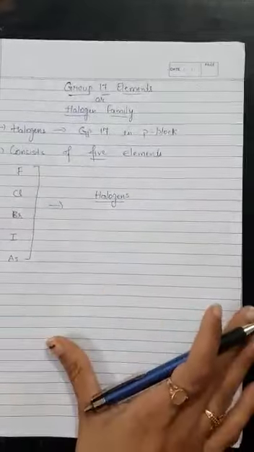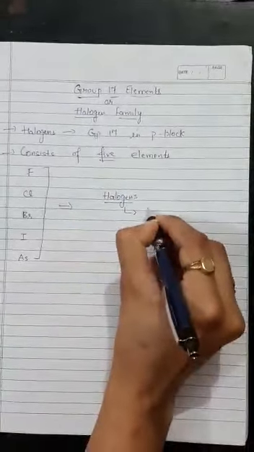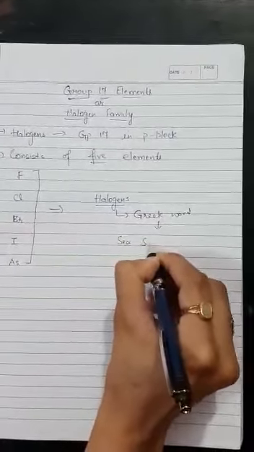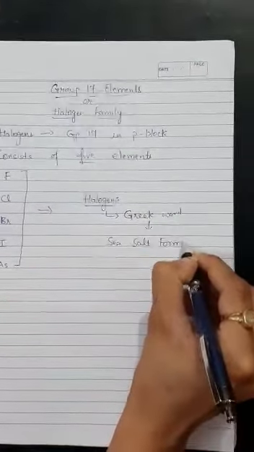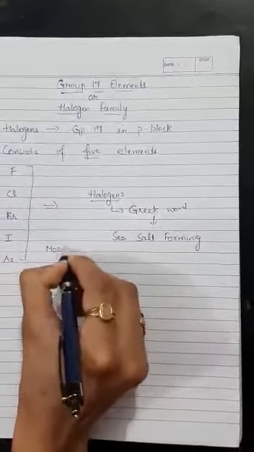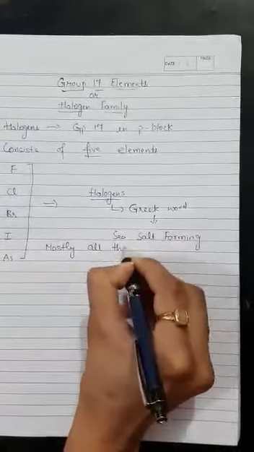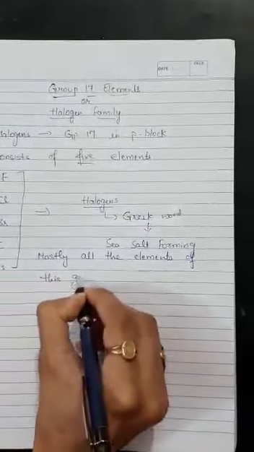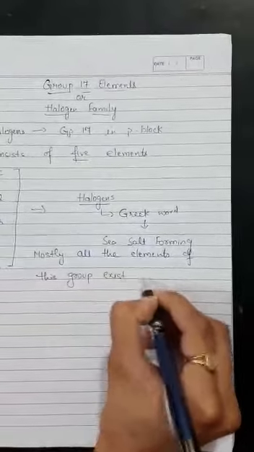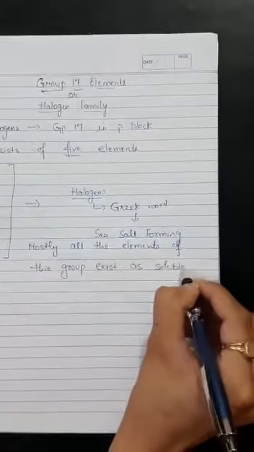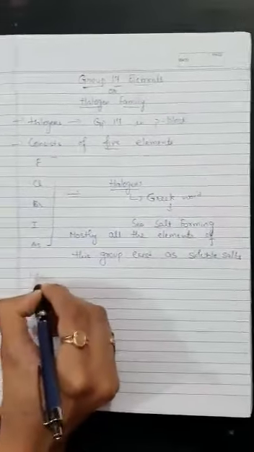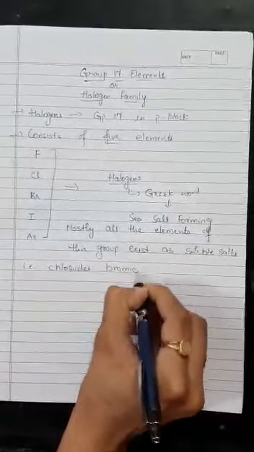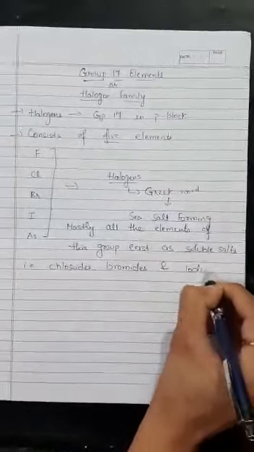Now, why are these known as the halogens? Actually, halogen is a Greek word which means sea salt forming, and mostly all the elements of this group exist as soluble salts, that is chlorides, bromides and iodides.